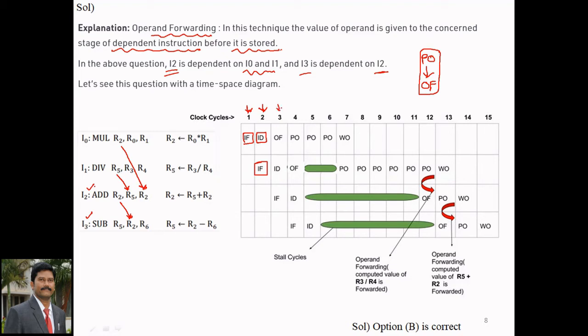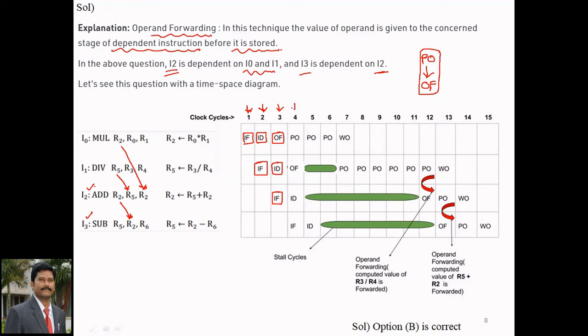At clock cycle 3, the operand fetch of the multiplication instruction will be done. At the same time, the division instruction enters instruction decode, because ID is free now, and the next instruction I1 will be decoded here. At the same time IF is free, so the add instruction is fetched in this stage.